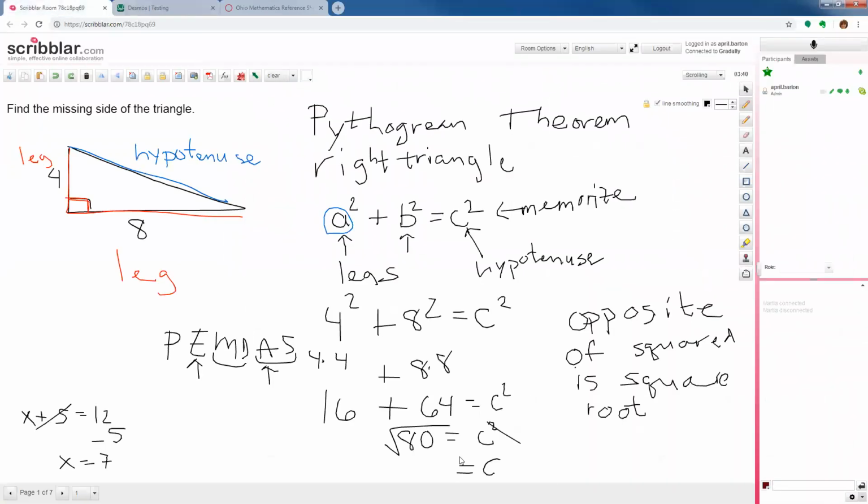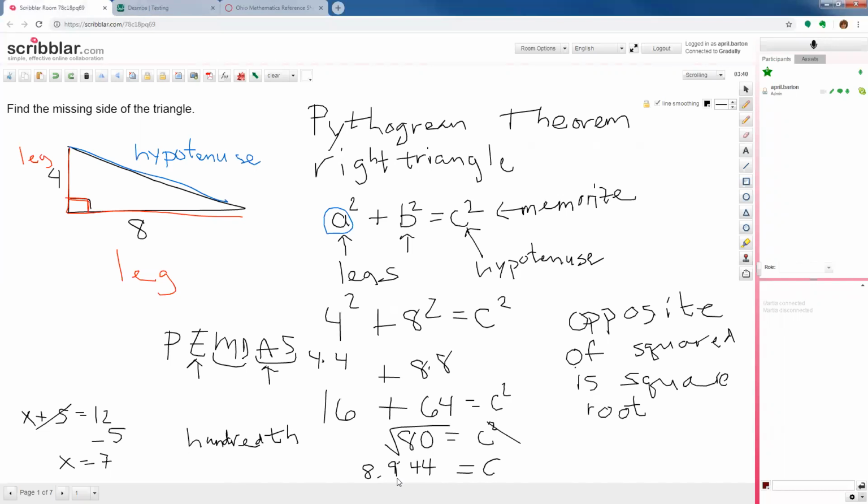So it depends on where they tell you to round. They might say round to the nearest tenth or the nearest hundredth. So let's round to the nearest hundredth. Usually they don't want the entire decimal. So if we had 8.944, what does that round to if you're rounding to the nearest hundredth?